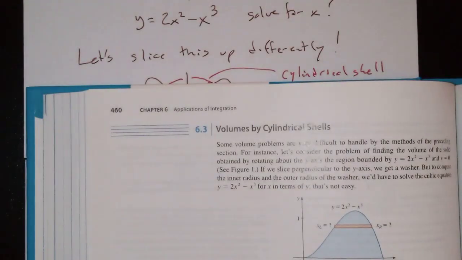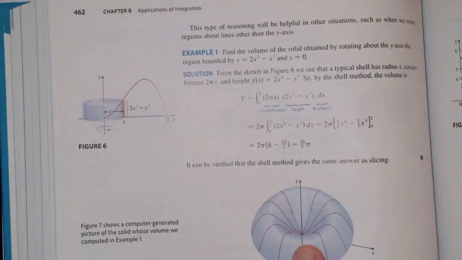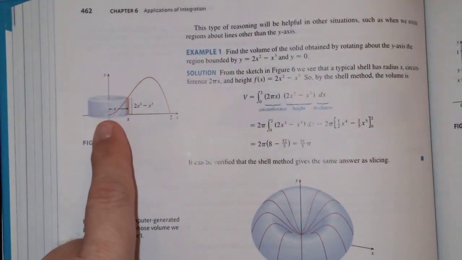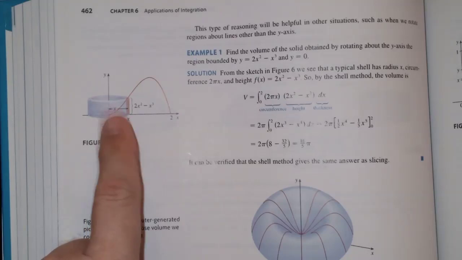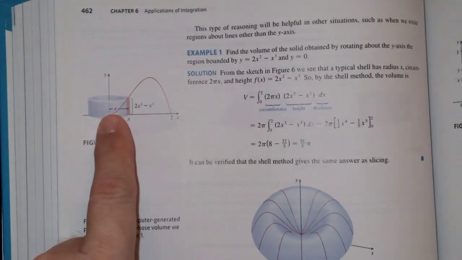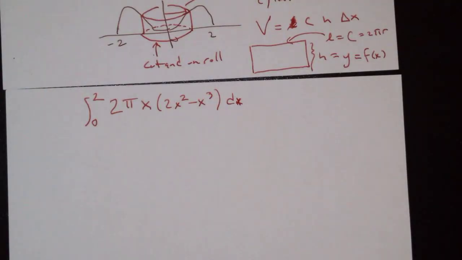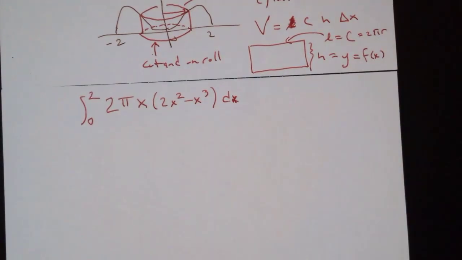And then my cake is made up of slices just like this. That's the one I drew in red in our example picture. But I know how to do this integral. This integral is actually relatively straightforward. 2 and pi are constants. Pull them out front.